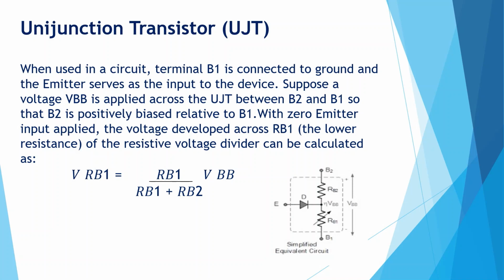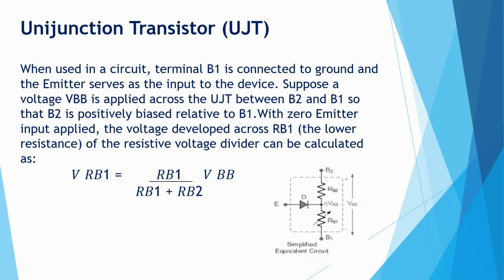And of course, if B1 is connected to ground, that means B2 will be connected to positive potential. And the emitter serves as the input to the device. This is the emitter where we have a PN junction diode. So as soon as a VBB potential is applied, there will be a potential drop across RB1 and there will be a potential drop across RB2.